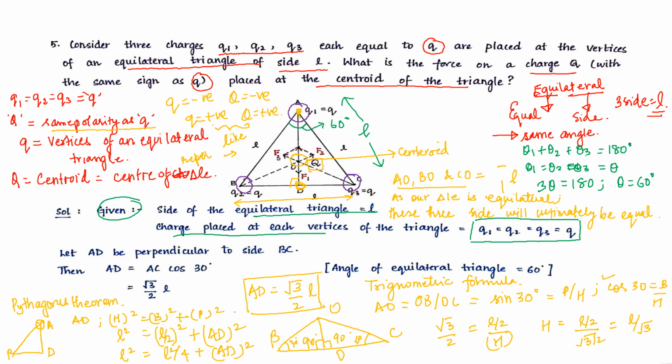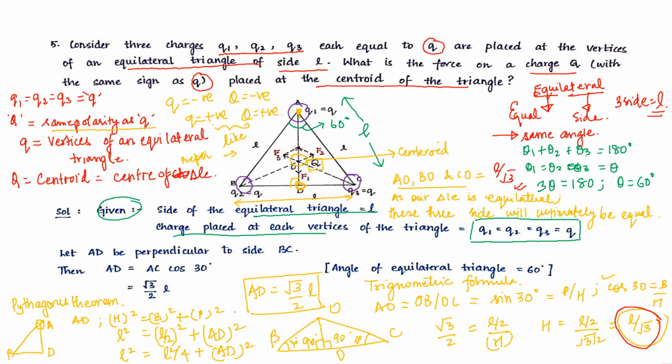Here it is a mispronunciation, kindly correct it. The value is this one. See over here, L upon root 3. I'll mark it with the red ink. So it is equal to L upon root 3. We will be substituting this value to find the force using Coulomb's law.